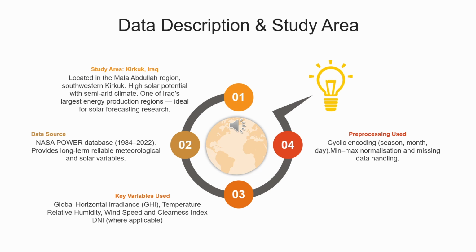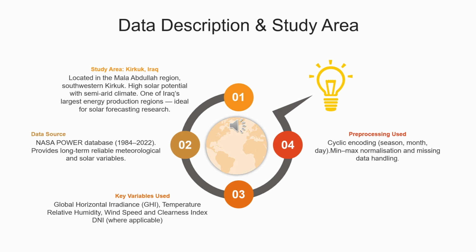The study area is located in the Mullah Abdullah region, southwest Kirkuk, solar potential with semi-arid climate, one of the Iraqi's largest energy production. The region is, we can say, ideal for solar forecasting research, especially in Iraq. The data source depends on NASA Power database from 1984 to 2022.